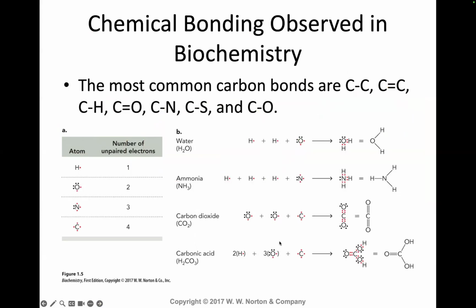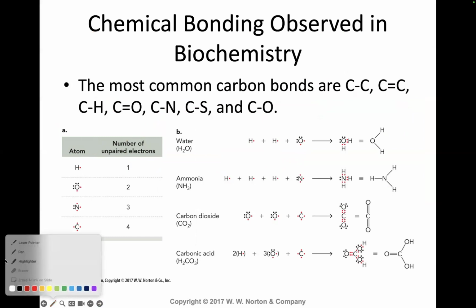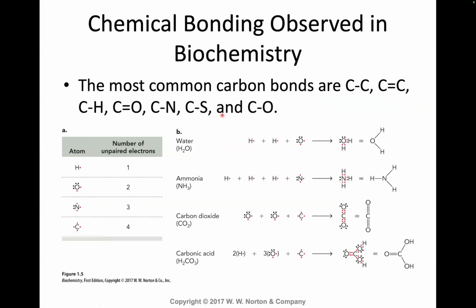So we do a little bit of organic chemistry. We're going to go quickly through this. But the most common bonds that we're going to see are carbon bonds: the carbon-carbon bond, the carbon double bond, the carbonyl. That's important. And then some of these other types of carbon-based bonds.